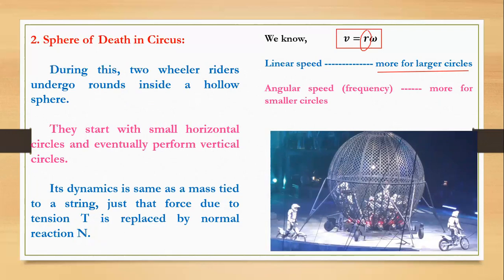Next, angular speed. Note here, angular speed is more for a smaller circle. You know that omega is v by R, so it is more for a smaller circle. Smaller the radius, larger the angular speed.